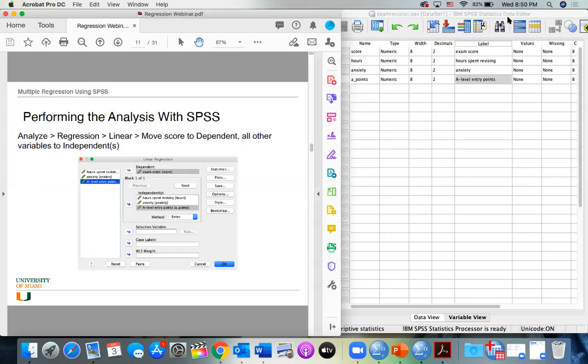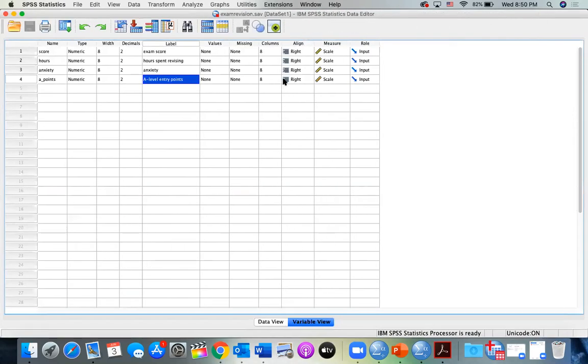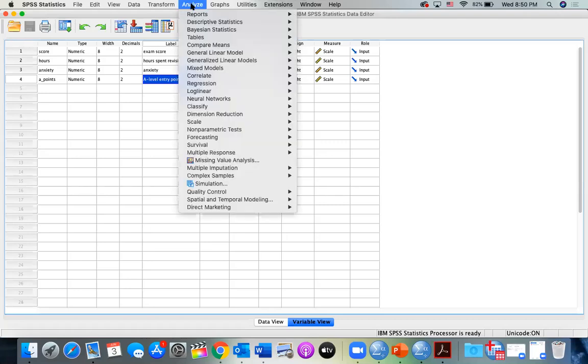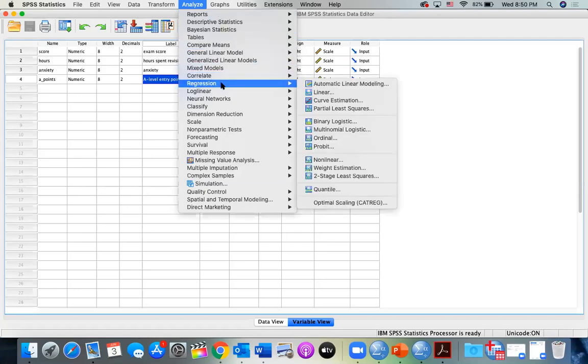So now I guess we are ready to do the analysis. I will be super slow in doing this, just to make sure that everyone is following. If we want to do the analysis, just go to Analyze, then Regression, then Linear.